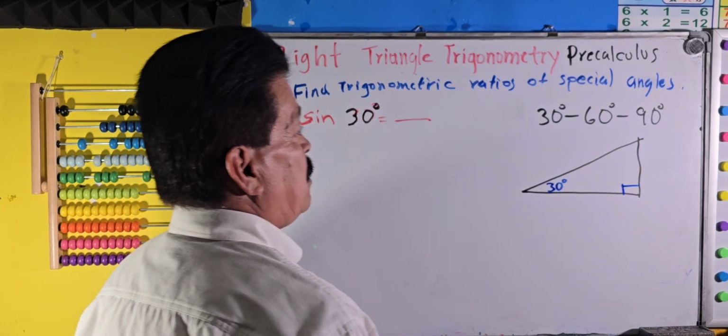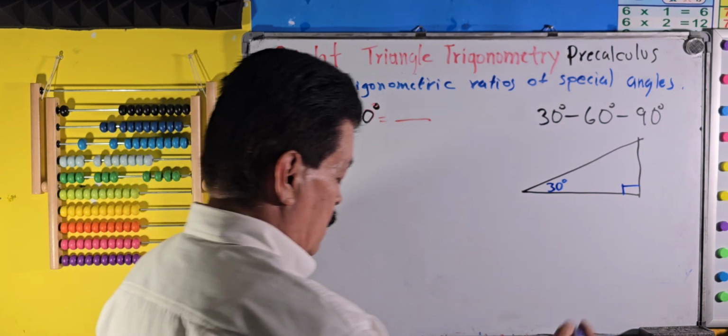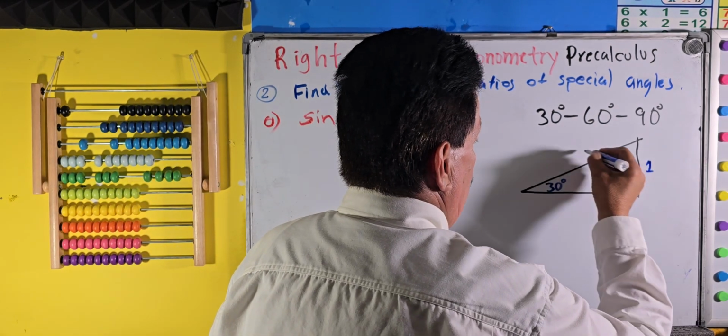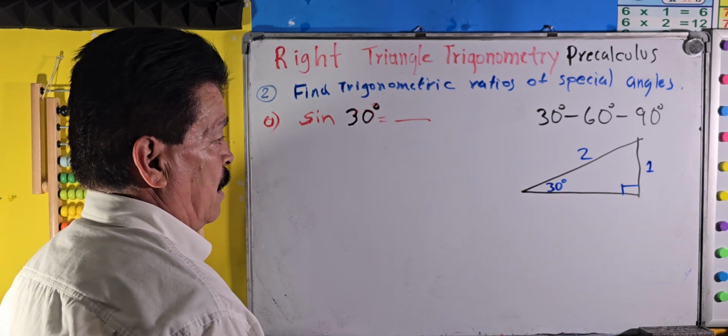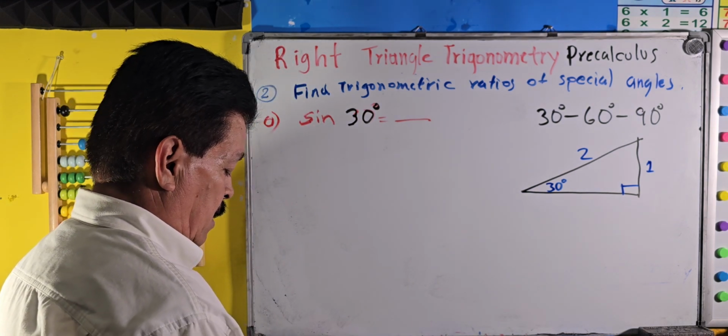But since it's a special triangle, this side is equal to 1 and this side is equal to 2. All right? Because it's a special angles.